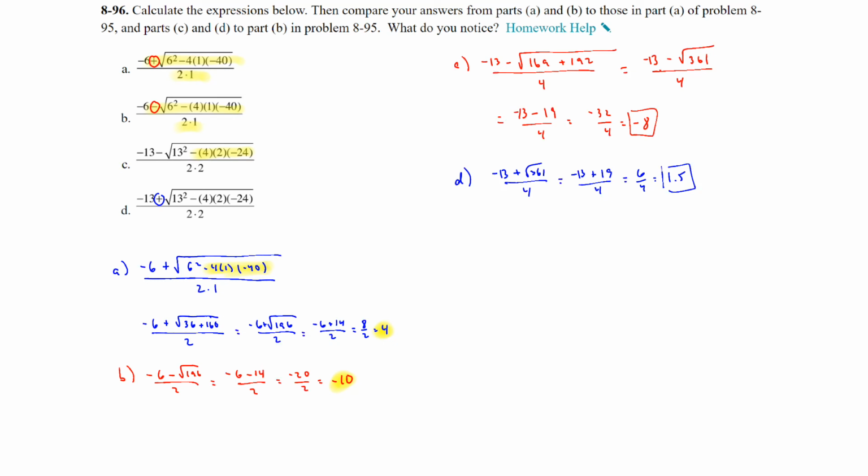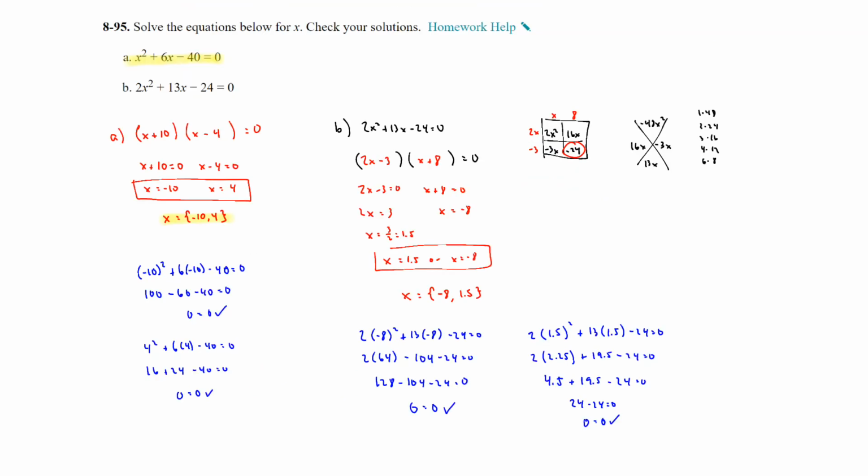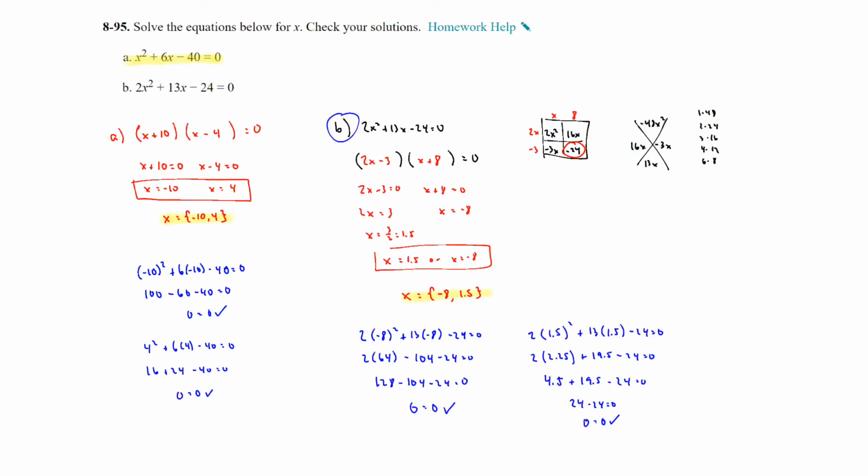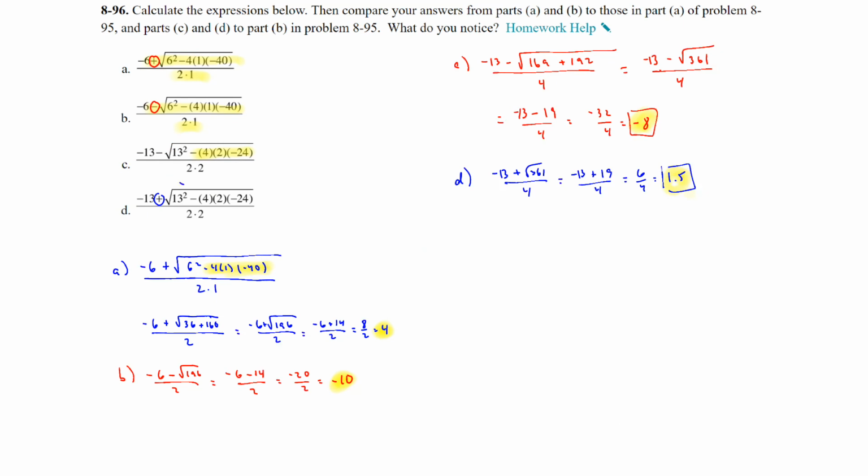So once again, comparing that back to question 95 on B, look at what your solutions were. Negative 8 and 1.5. So going back here, we get negative 8 and 1.5. If you're trying to make a comparison of those two, look at the original problem and the 2, the 13, and the negative 24, and see how that applies to where the numbers are going in this expression.